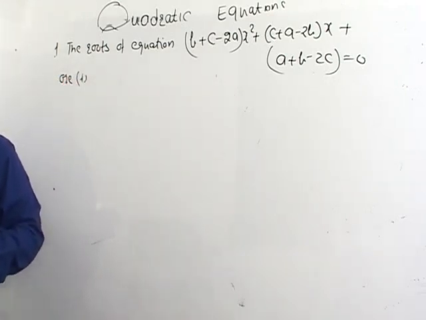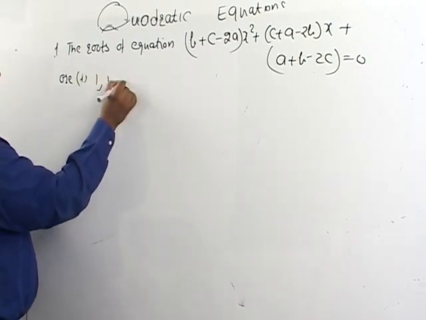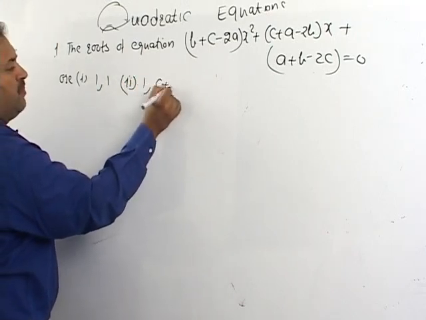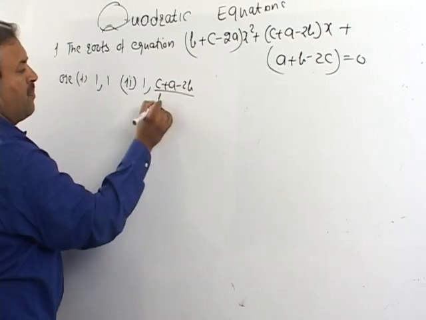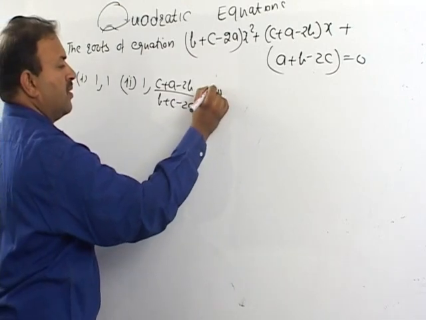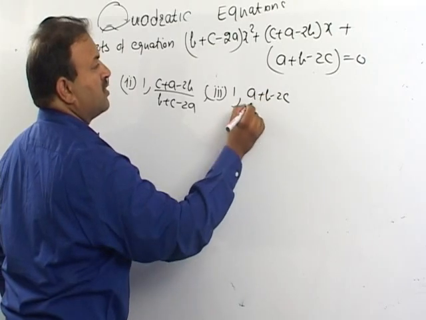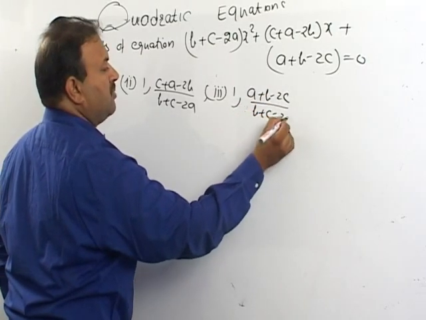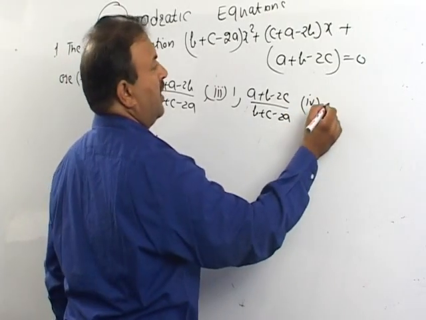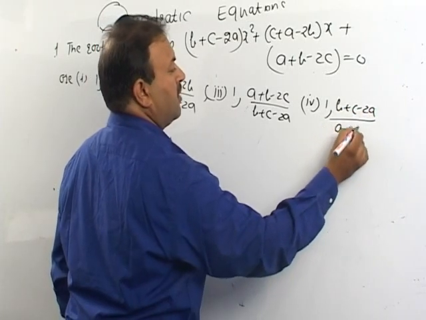First option: 1, 1. Second option: 1 comma (c plus a minus 2b) upon (b plus c minus 2a). Third option: 1 comma (a plus b minus 2c) upon (b plus c minus 2a). Fourth option: 1 comma (b plus c minus 2a) upon (a plus b minus 2c).